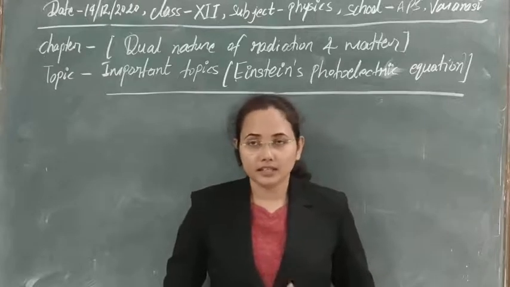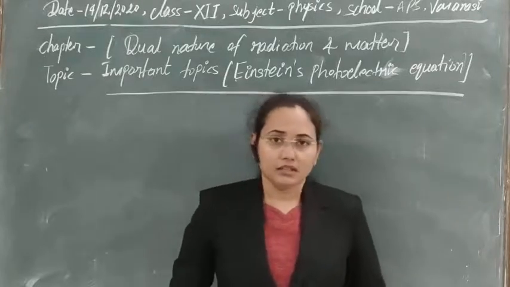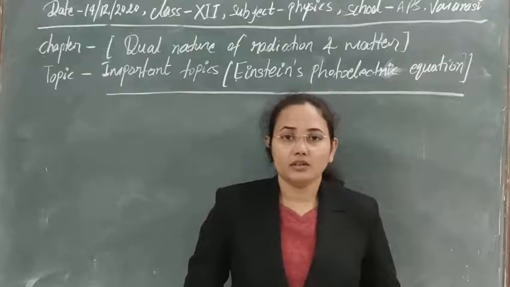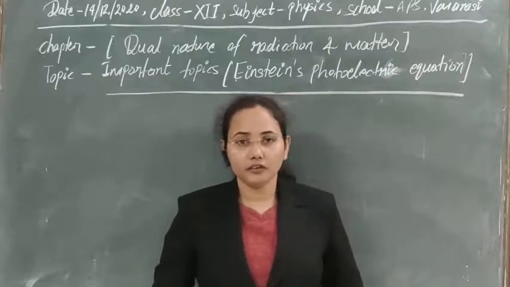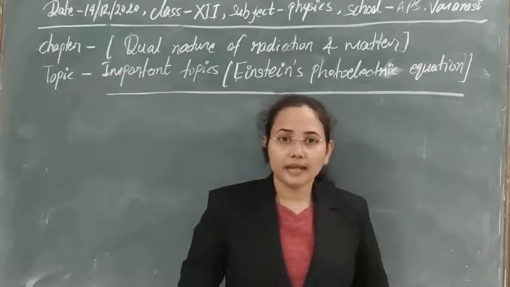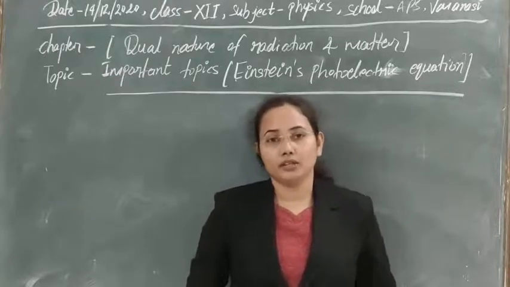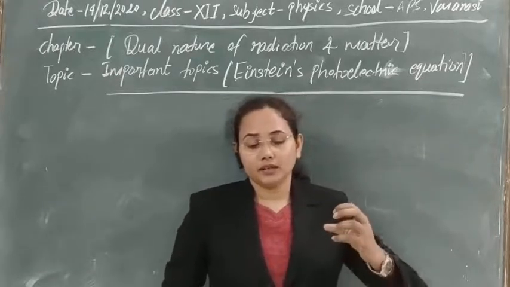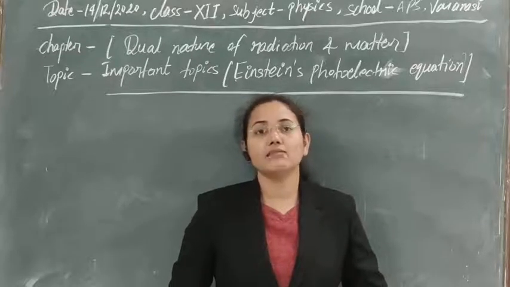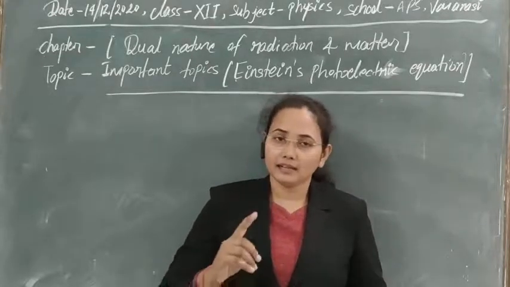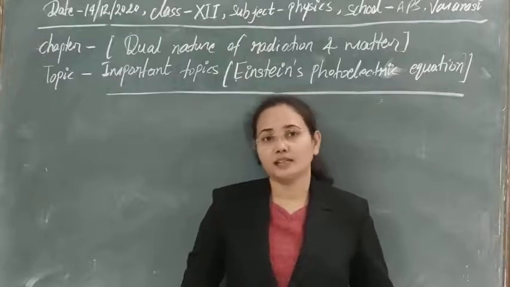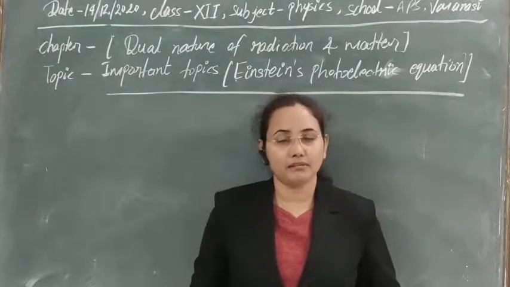Third, the stopping potential depends on the frequency of radiation. Fourth, there is no time lag between incidence and emission of photoelectrons. At the time radiation is incident on the metallic surface, electrons are ejected at the same time.